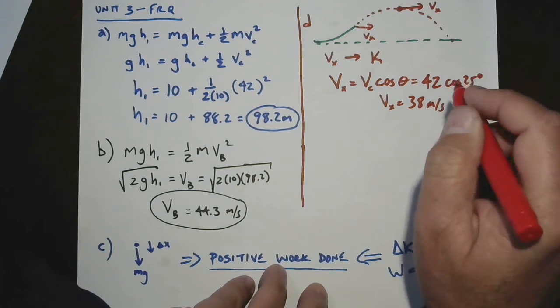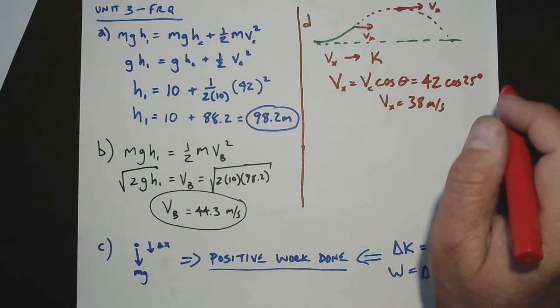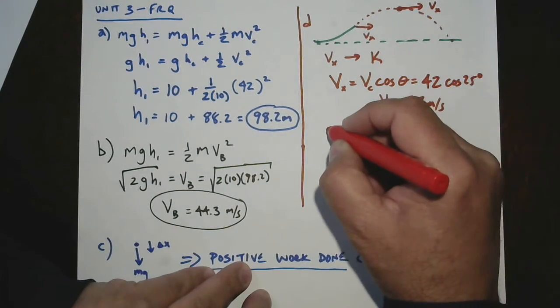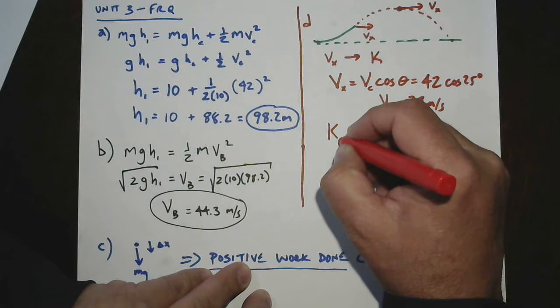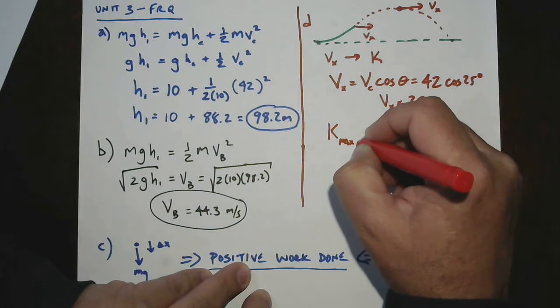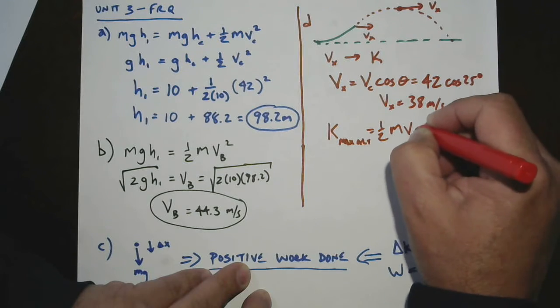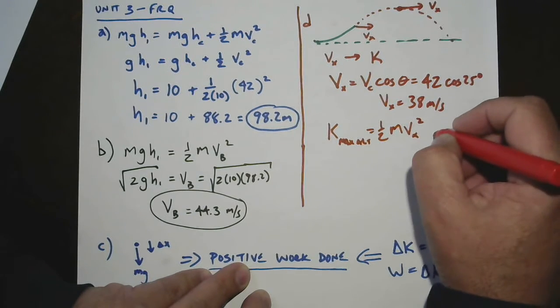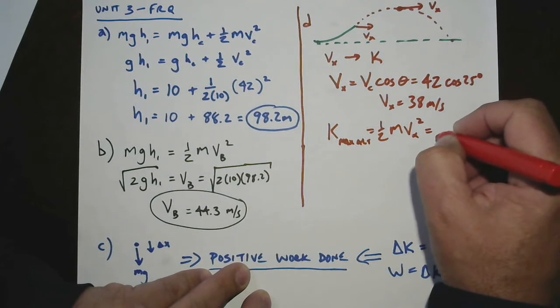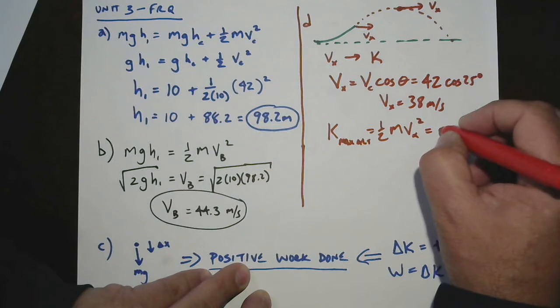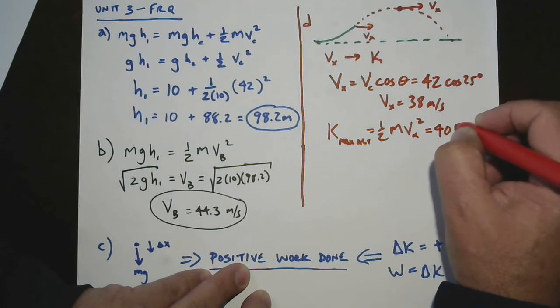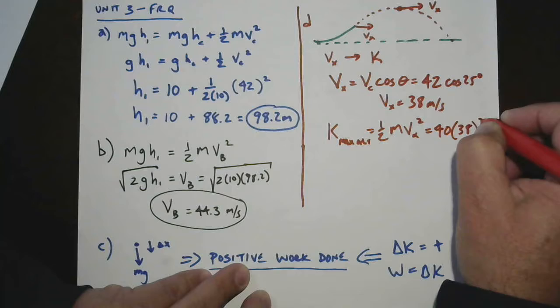Now that's not the answer, because they wanted the kinetic energy of the skier. So the kinetic energy of the skier at the highest point, max altitude, is going to be 1/2 of the mass of the skier times the velocity of the skier at that point squared. That's half of 80 kilograms, or 40 kilograms, times 38 squared.